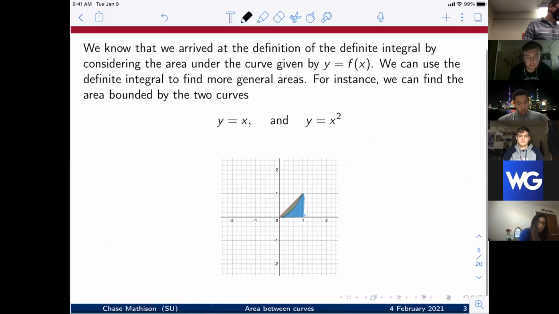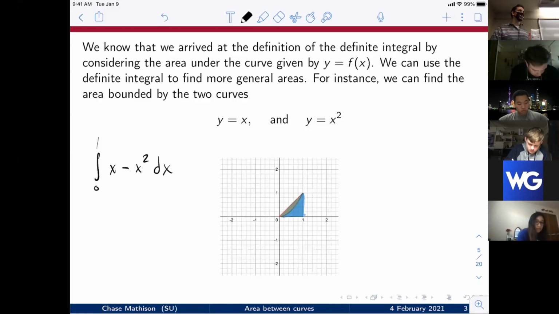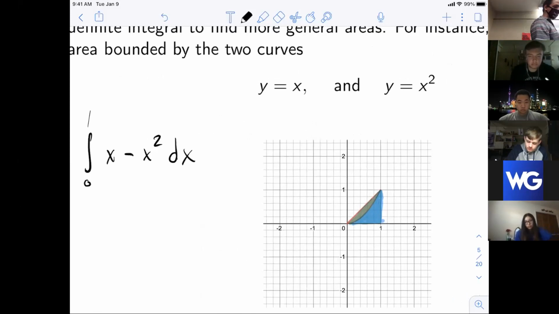So we can really just say that the integral from 0 to 1 of x minus x squared dx gives this area. Why is it the integral from 0 to 1? I mean, we're finding the area bounded by those two curves. So why is it the integral from 0 to 1?